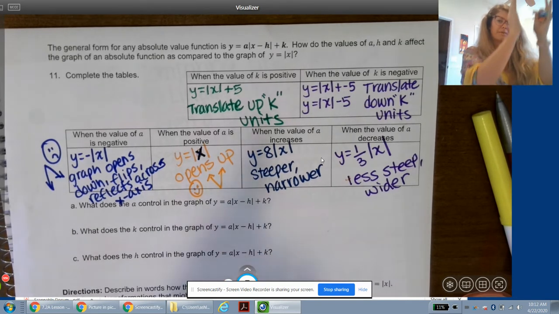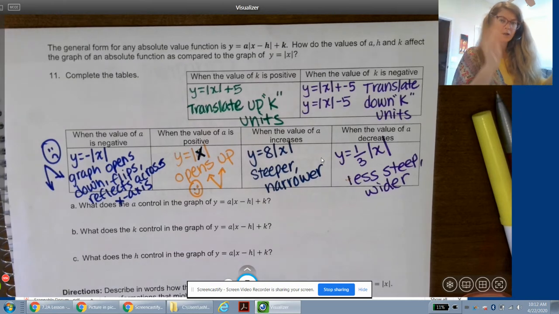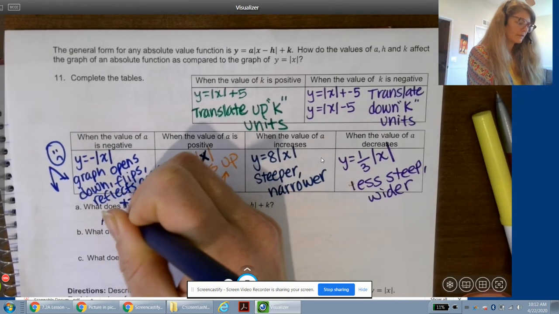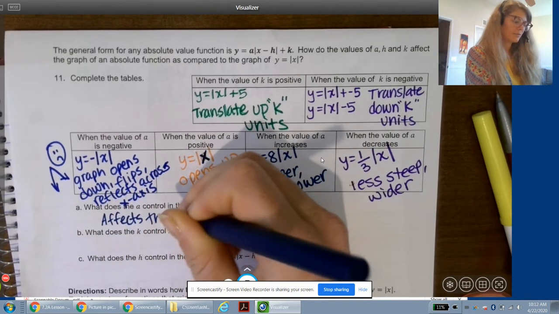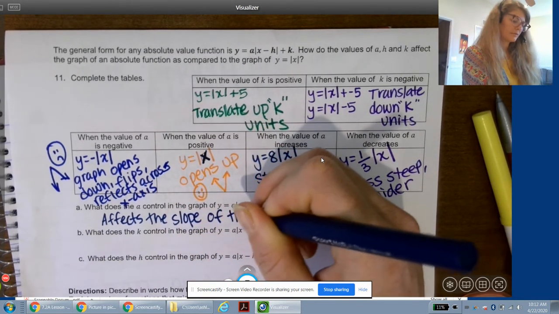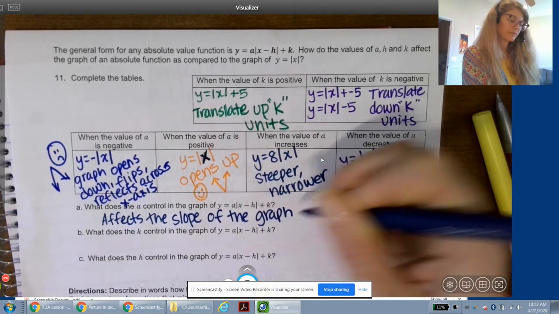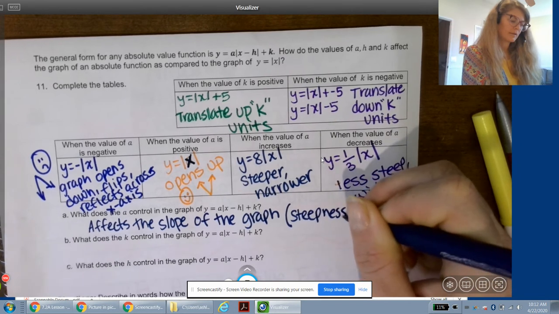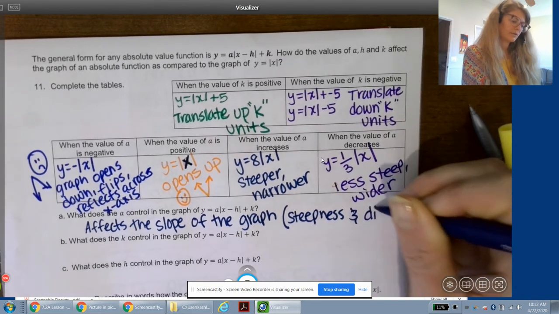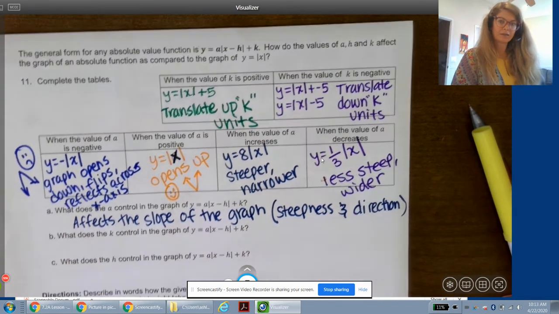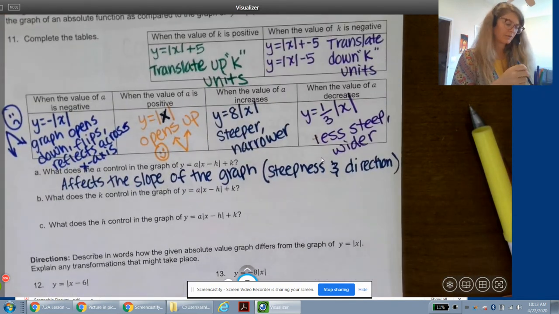It's making it grow faster or slower, or it's flipping it upside down. So the value of a affects the slope of the graph, which includes direction. So we can say steepness and direction. Really important that it affects both of those.